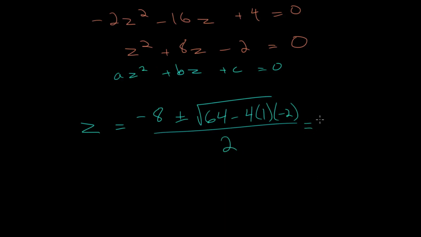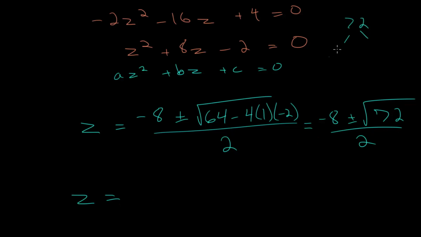And we can simplify this. We have -8 plus or minus square root of 64 plus 8, which would be 72, all over 2. And we can simplify the square root of 72, since 72 can be broken up into 9 and 8. 9 is really just 3 squared. 8 is 2 times 4, which of course is 2 squared times 2.